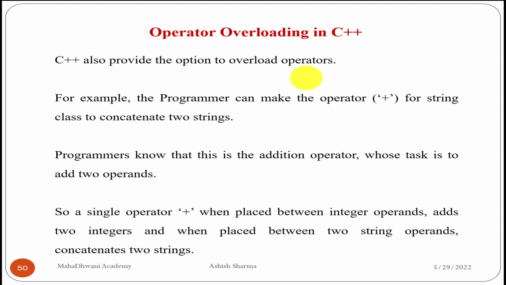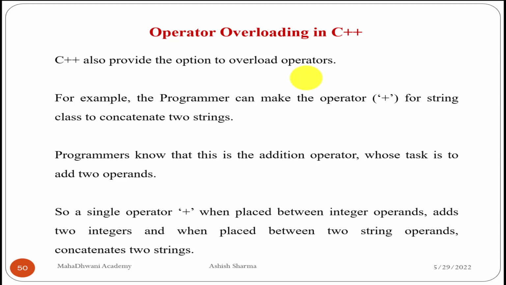When we use two numeric values, the plus operator performs an arithmetic operation, like 2 plus 3, it will become 5. But if I use two string values and put the plus operator in between two strings, this process is called concatenation of two strings.